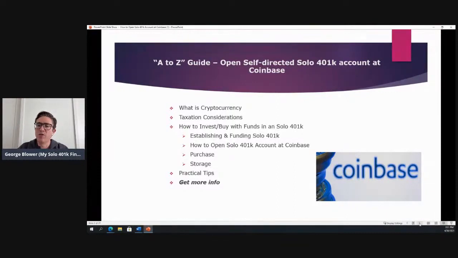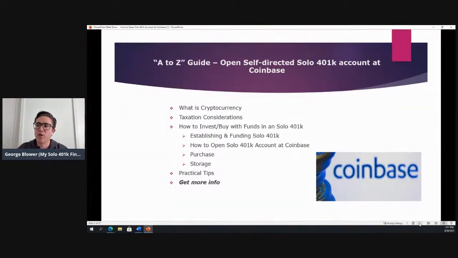Okay, so let's get started. This page gives us a nice overview of the topics that we're going to discuss. We're going to be going through an A to Z guide of how to open a self-directed solo 401k account at Coinbase.